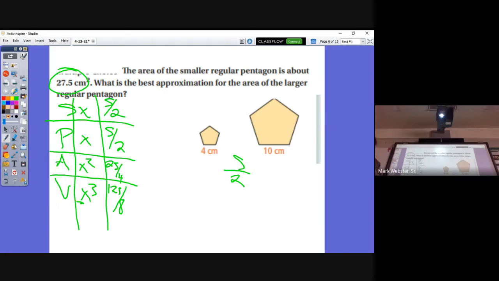Am I working with the perimeters, the areas, or the volumes? Which is my final answer going to be? An area, right? 10 over 4, right? Simplify the fraction. 5 over 2. Does that make sense?